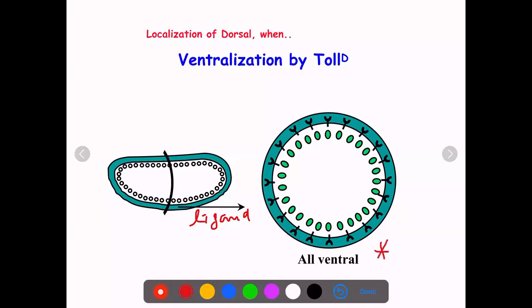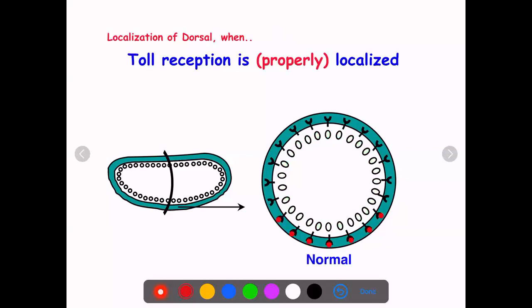And when Toll is properly localized, it means Toll is only active here, and the ligand is only localized to the ventral area. Then what will happen is that the dorsal distribution is only active on the ventral side, so you have a normal embryo.